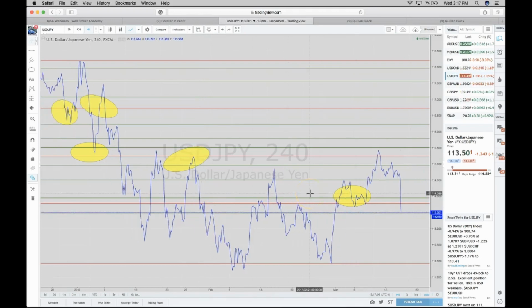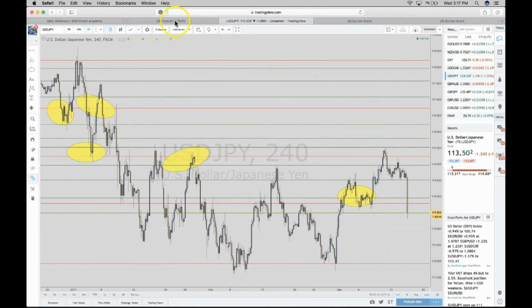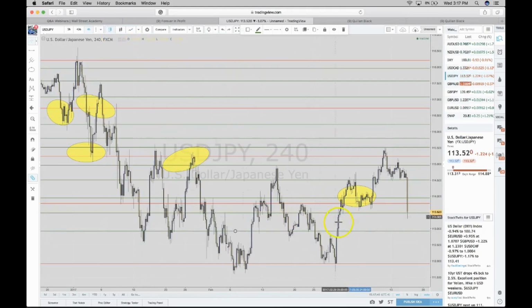So that counts as definitely an indecision level itself. One, two, candlesticks. That's how you see.